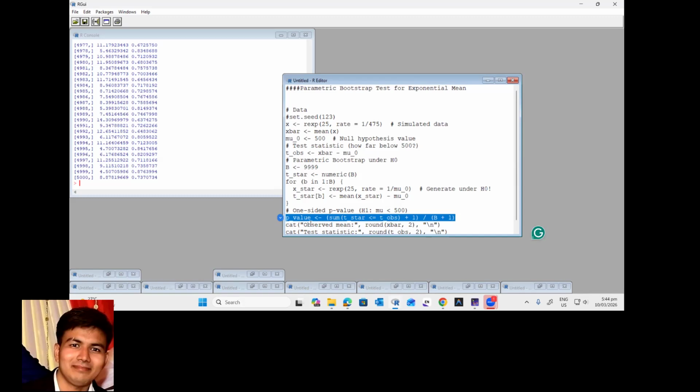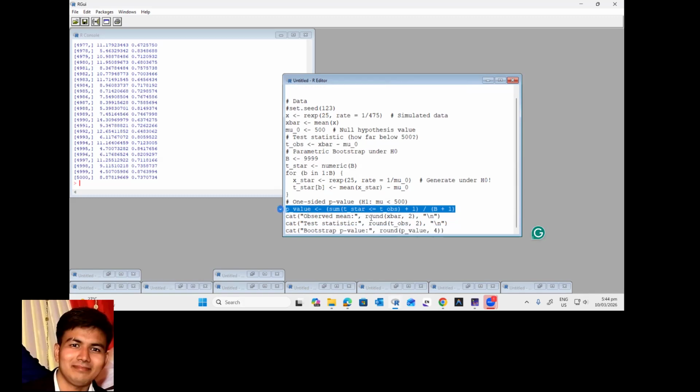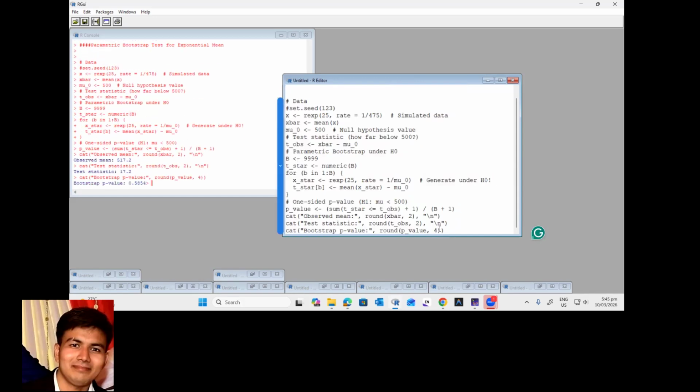Then plus 1 in the numerator and denominator is a common adjustment, sometimes called the Davison-Hinkley correction, to avoid a p-value of 0 and to account for the Monte Carlo error. Then we print the observed mean, the test statistic, and the bootstrap p-value. Now we run it.